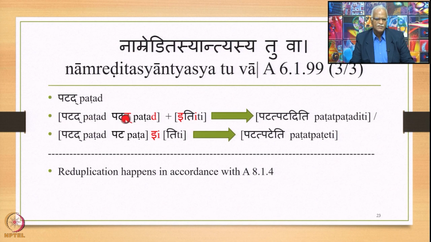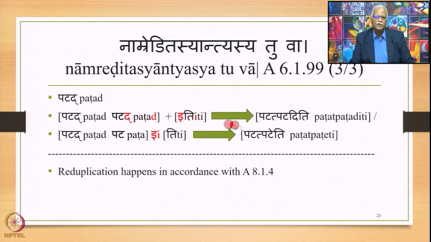Now in this case, this at and this e does not get e as the substitute, but because of this sutra, only this final t and this e get the substitute pararupa, which is e in this case.